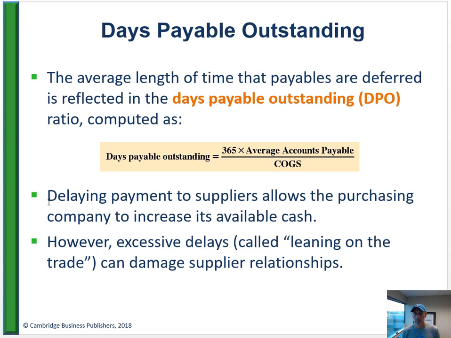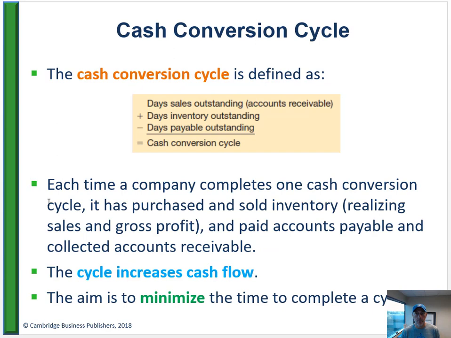So to the extent that we have power over our suppliers, if you recall the Porter's Five Forces module from Module 1, we can extend these days payable, and that serves as a source of financing for our company.